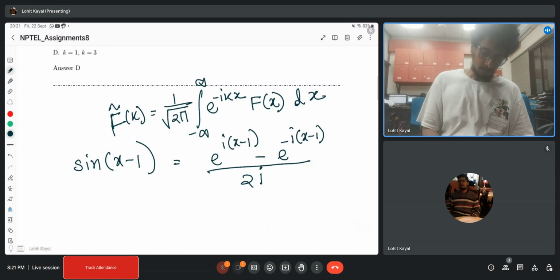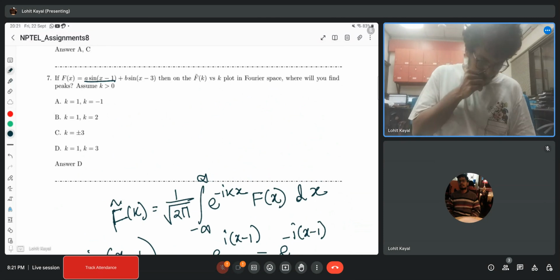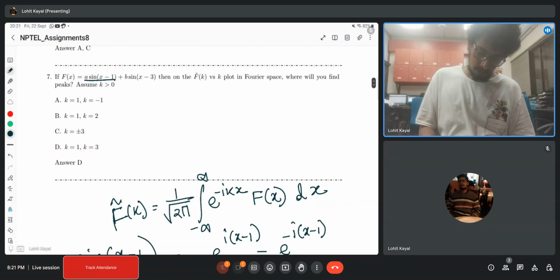So if I substitute this, I will get something like, okay, assume k greater than 0. So k is only positive.